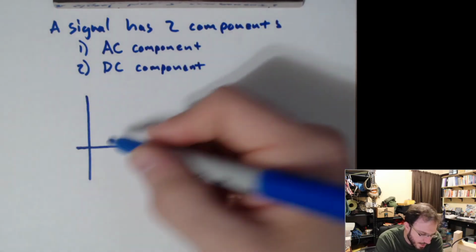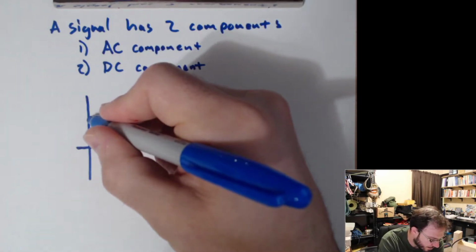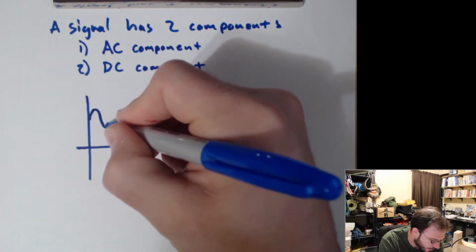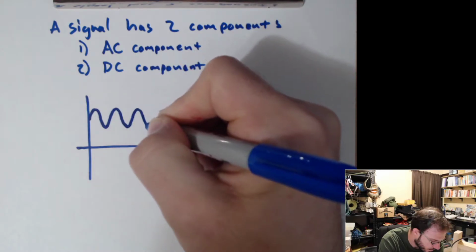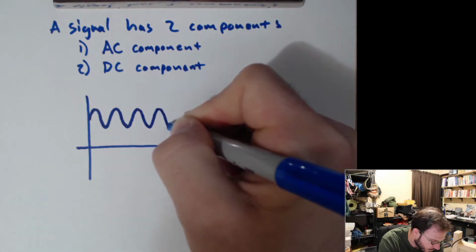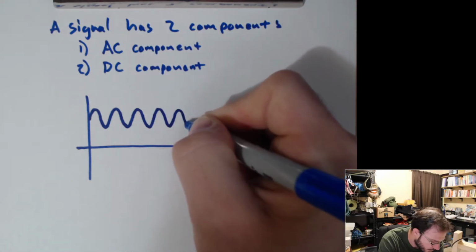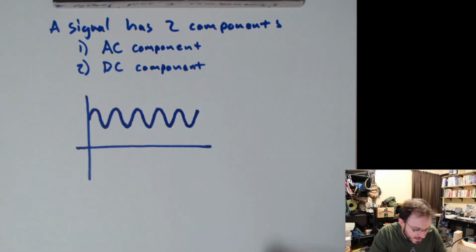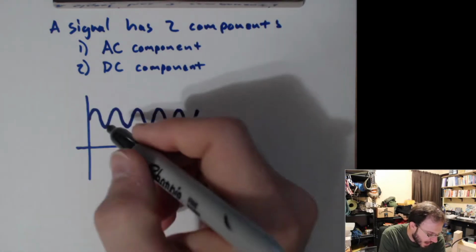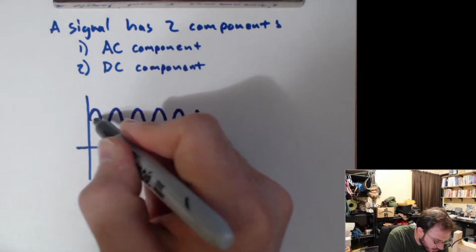Let's say I have some sine wave at some value. If you notice, this is centered at some value other than 0.